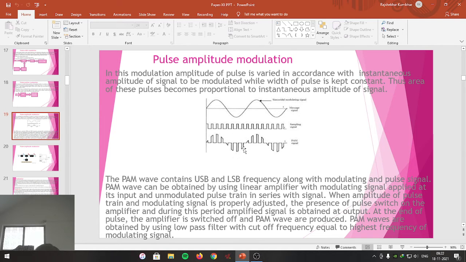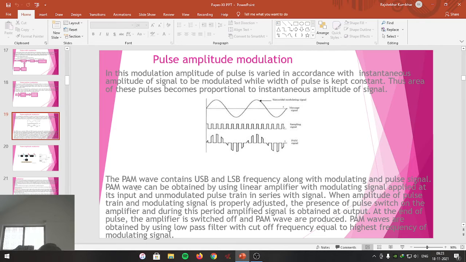And the same thing repeats. So it is clearly observed that as the instantaneous amplitude of the signal to be modulated changes, accordingly the amplitude of the pulse changes. That's what we call pulse amplitude modulation. Pulse amplitude modulation contains the USB and LSB frequencies along with the modulating and pulse signals.